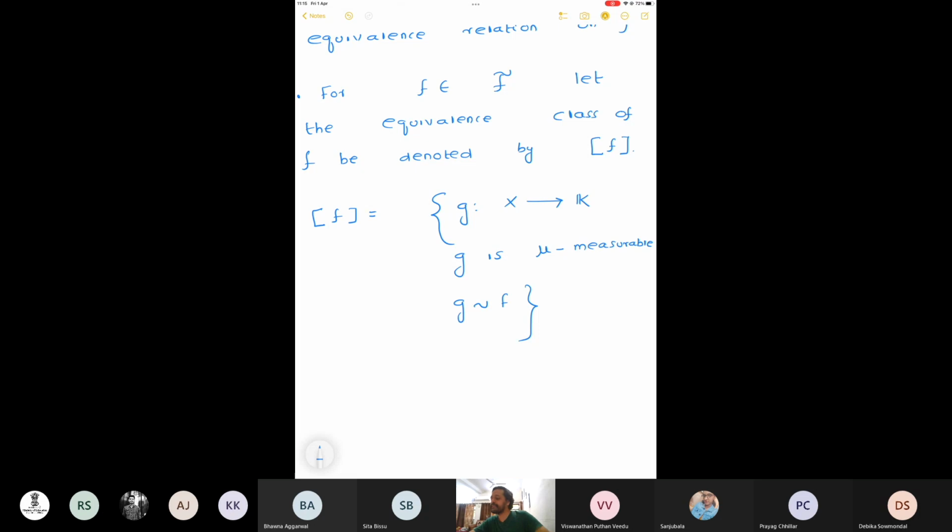Essentially, what we are doing is, instead of dealing with a single F, we are going to deal with bracket F, which is in fact a collection of functions. But what is to be noted is that you take any elements in bracket F, let us say G and H in bracket F. Do you see that the integral of G will be the same as the integral of H? Yes, sir.